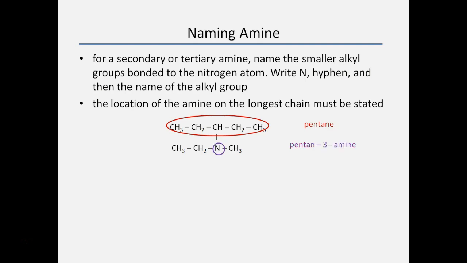Because it has an amino group attached to it, it's a pentanamine, and I have to state the location. Then I have two other acyl groups attached to the nitrogen, one being a methyl group and the other being an ethyl group. Because they're attached to the nitrogen, their location is stated as N. When I put it all together, we still follow our alphabetical order.